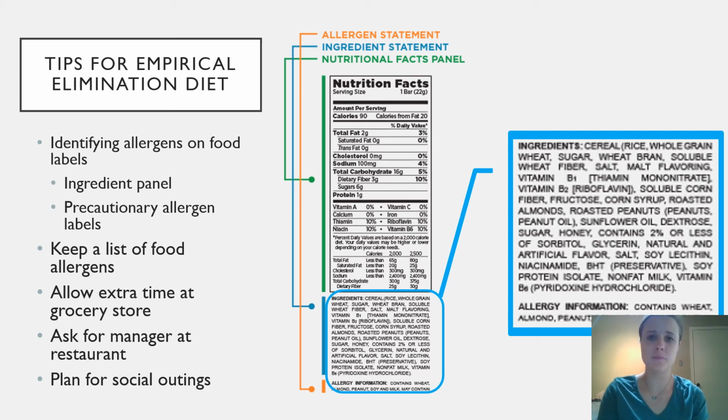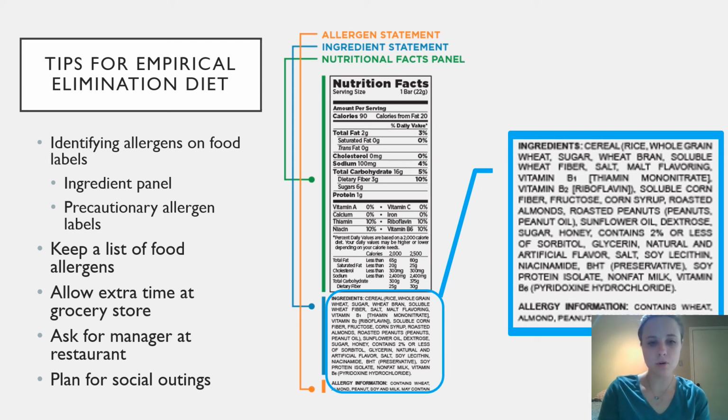So that's also something to be aware of. It also might be a good idea to keep your child's known food allergens on a list. Also to allow extra time at the grocery store so that you have time to read these nutrition fact labels and determine what products you can buy.